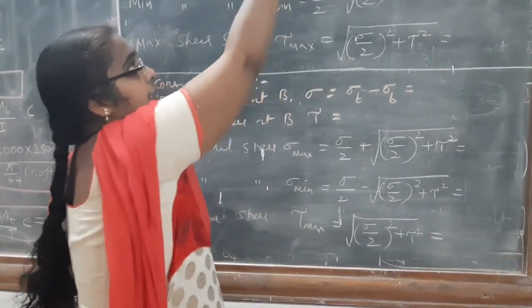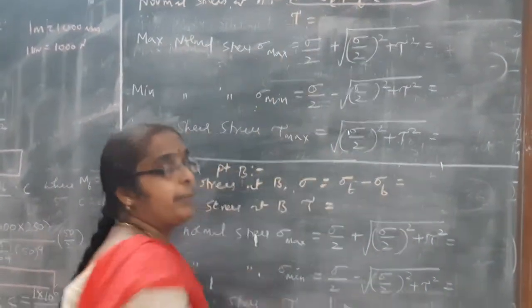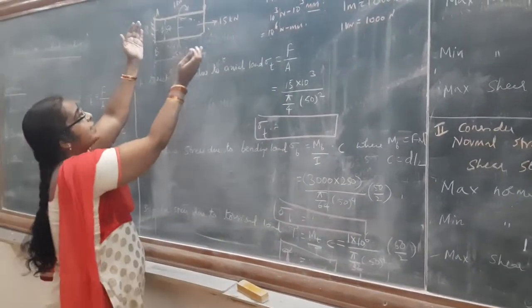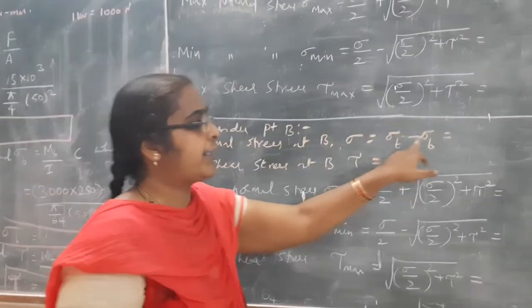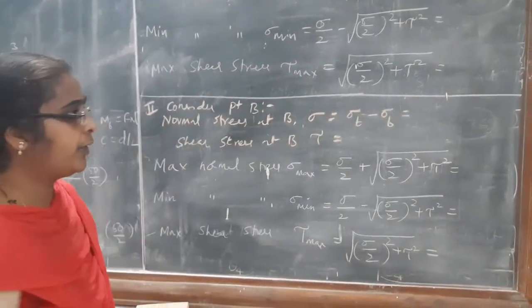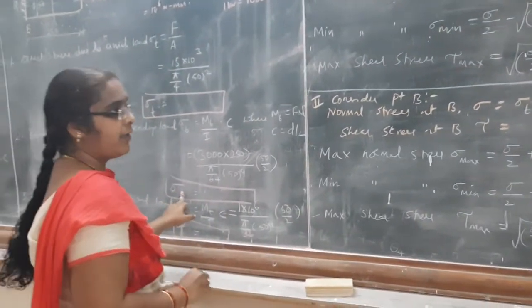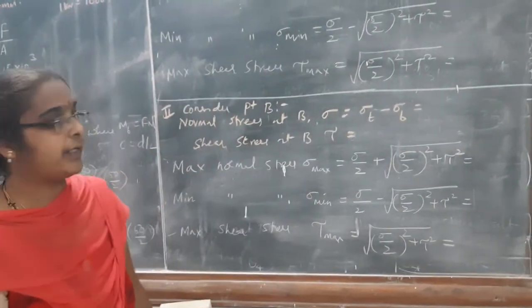At A, the upper layer is in tension, so we added sigma T and sigma B. At point B, the member is compressed, so I have to subtract: sigma T minus sigma B. Substitute the values you got and you will get sigma at B.